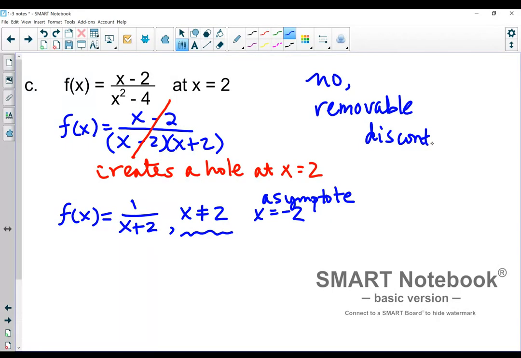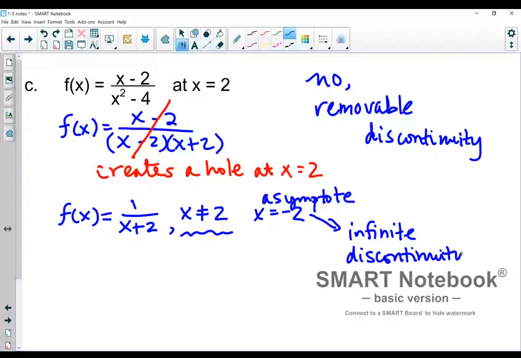So if this function had asked us what happens at x equals negative 2, because that's where our asymptote is, at x equals negative 2, we would have infinite discontinuity. So that's just kind of an extra little thing. So we're looking at all those different types.